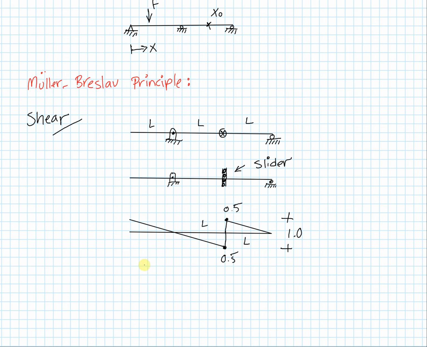And because this is also L, this magnitude is going to equal 0.5. And we're using simple geometry to obtain this kind of relationship. And so it's really simple. That's really it. Whenever you're using the Muller Breslav principle, you can obtain the influence lines for shear forces, and this is what you're going to get.